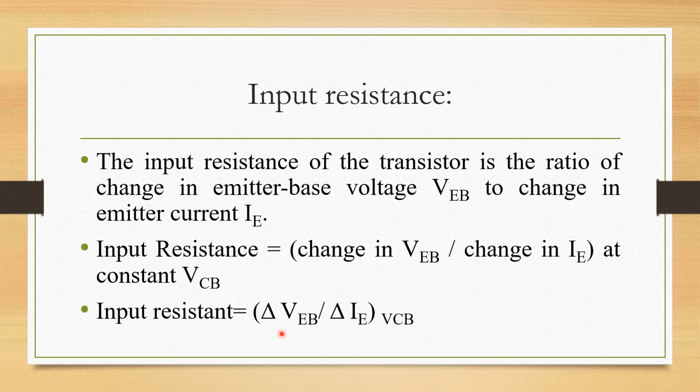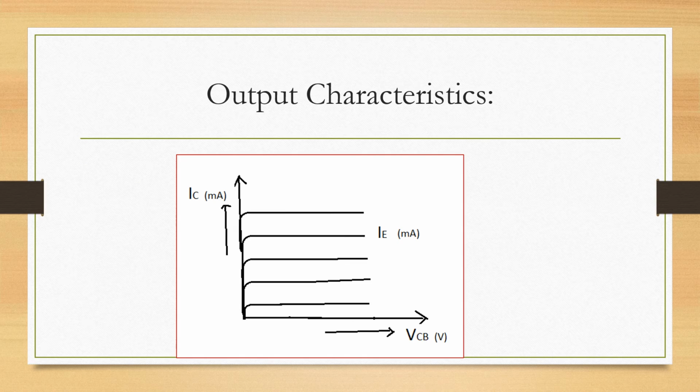And in terms of formula, we can write input resistance as del of VEB by del of IE, that is nothing but change in VEB to change in IE at constant voltage VCB. So this is the input resistance.